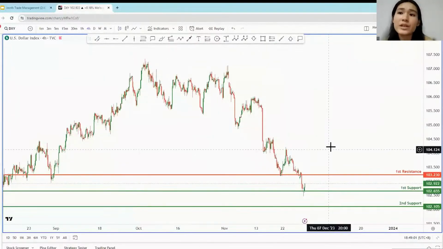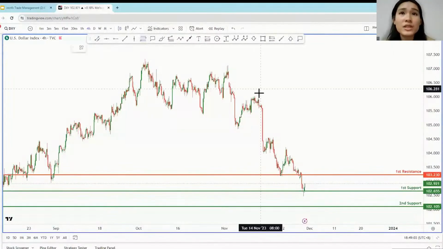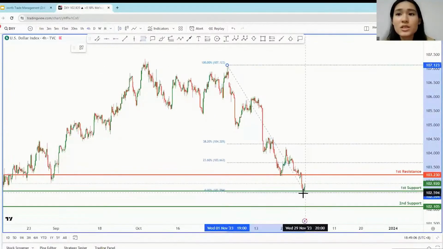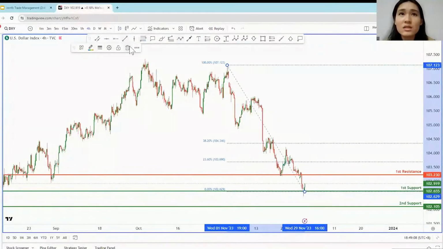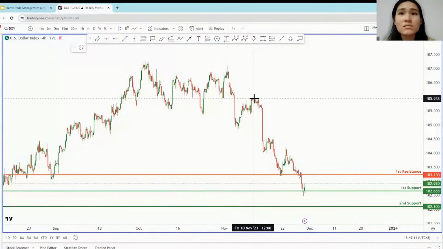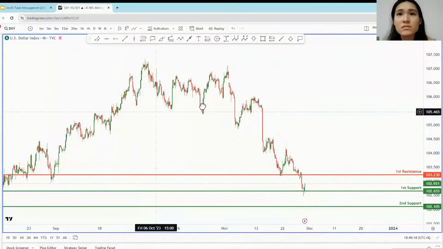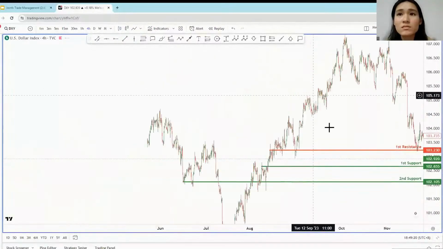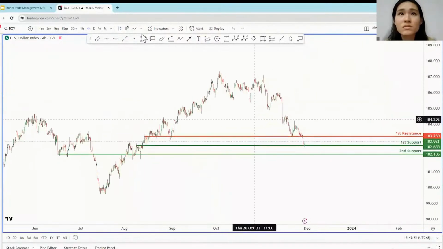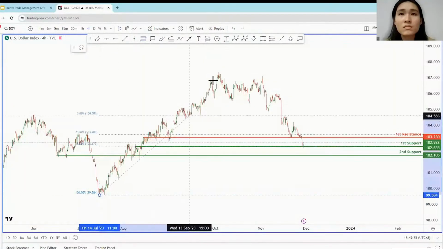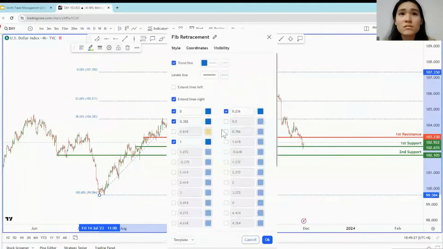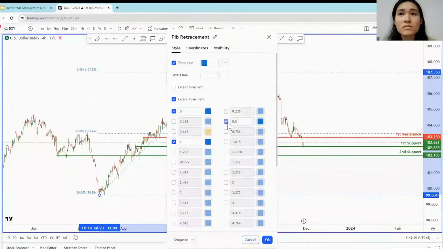Okay, now let's go in with our Fibonacci levels again. So you can see it's pretty methodical. Okay, 50% lines up, my 50% is no longer valid.